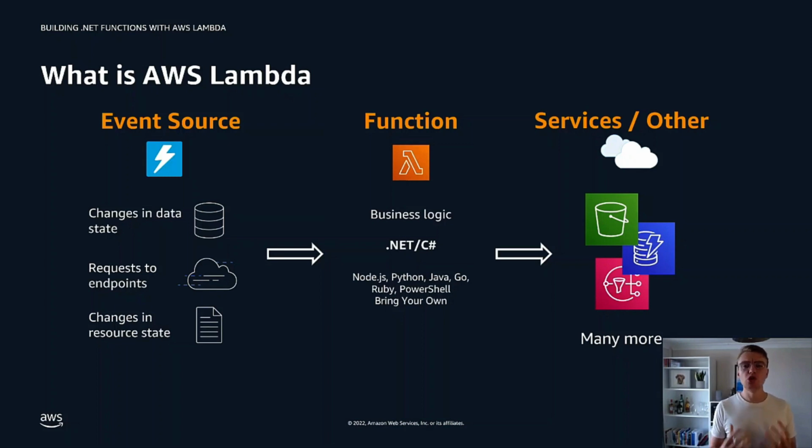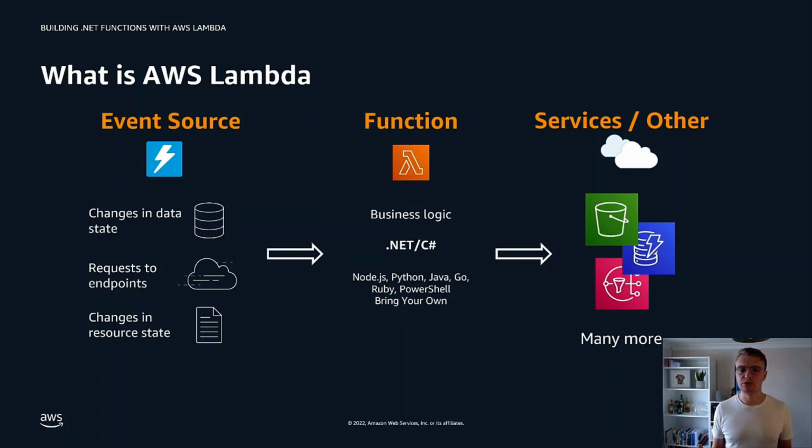With Lambda, you can run code for virtually any type of application or backend service, all with zero administration. Lambda just takes care of everything required to run and scale your code with incredibly high availability. You can set your code up to automatically trigger from other AWS services, or you can even call it directly from the AWS SDK.